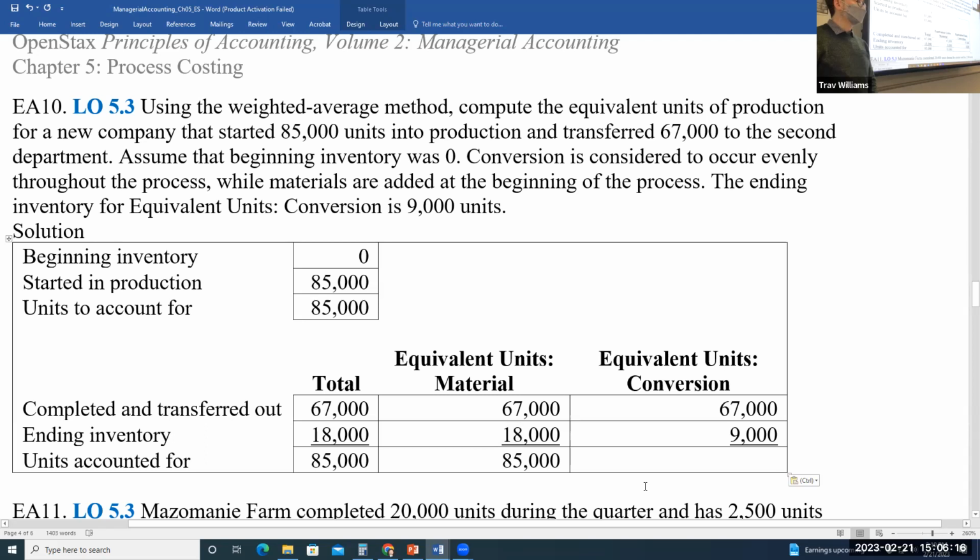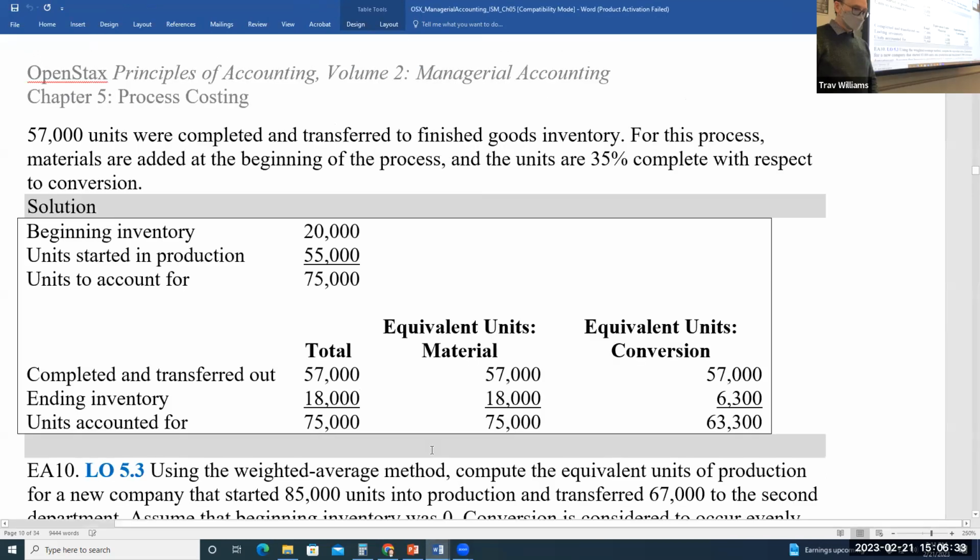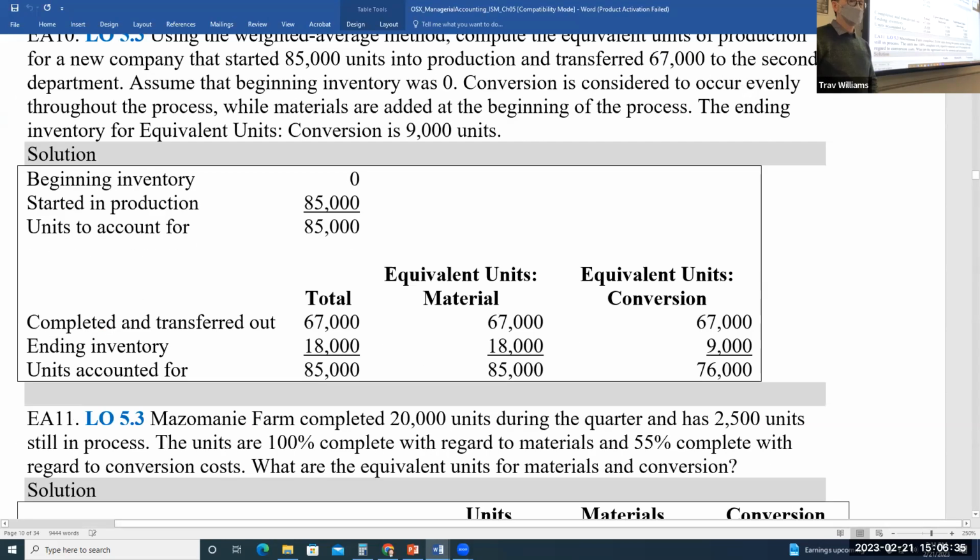So what is our total equivalent units for conversion? 76,000. All right, who said that? Okay, nice job, Josh. All right. We got that one right too.